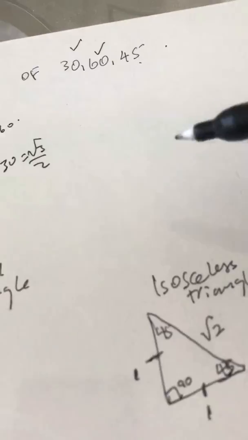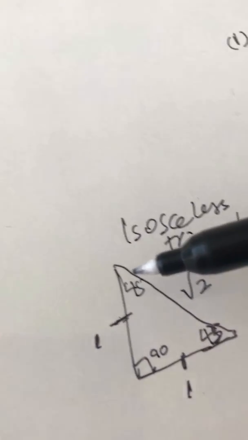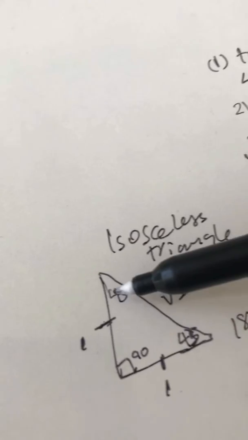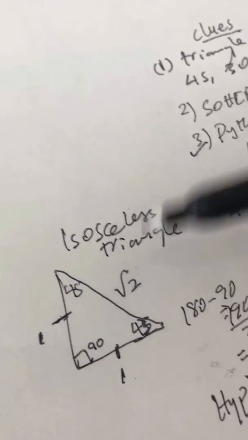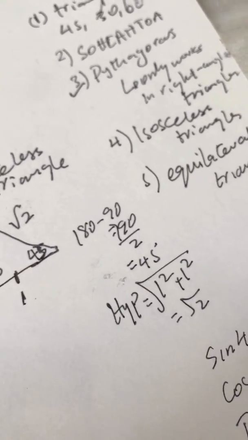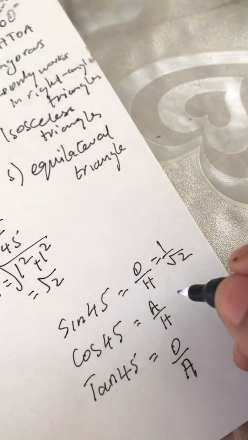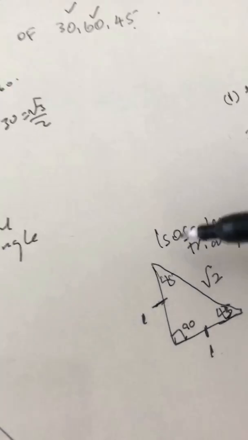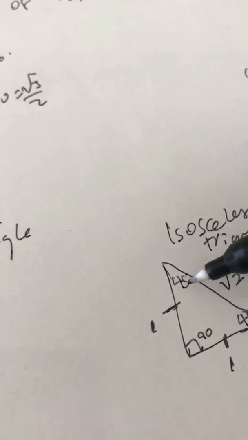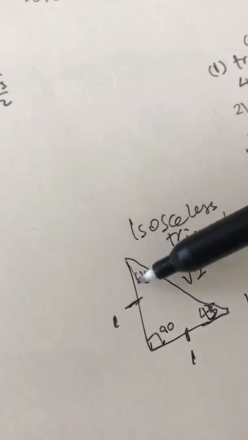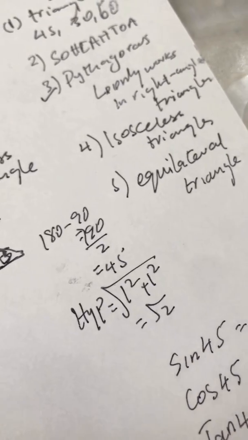So sine of 45 will be opposite over hypotenuse, that's 1 over square root of 2. Cosine of 45 will be adjacent 1 over hypotenuse, so 1 over square root of 2.